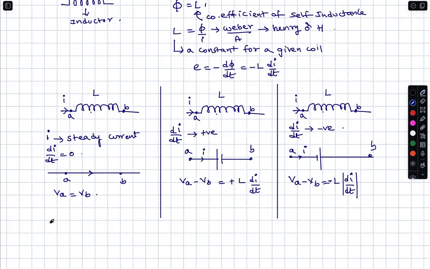And don't forget, I just want to mention again, inductance is similar to the inertia property in mechanics.